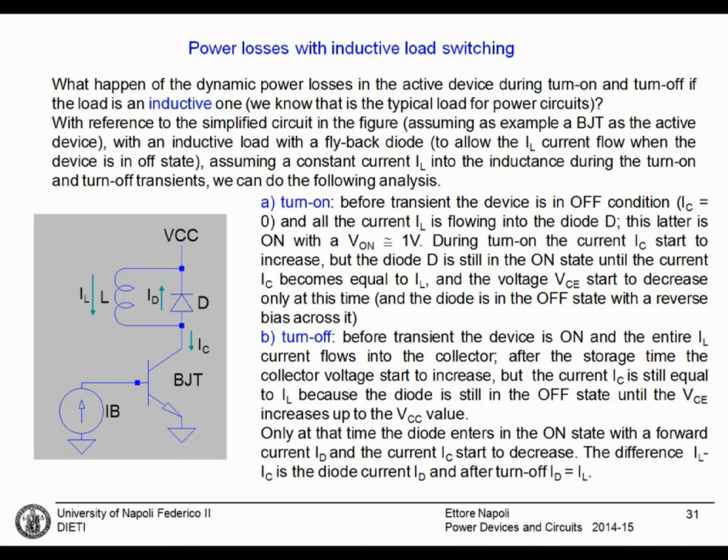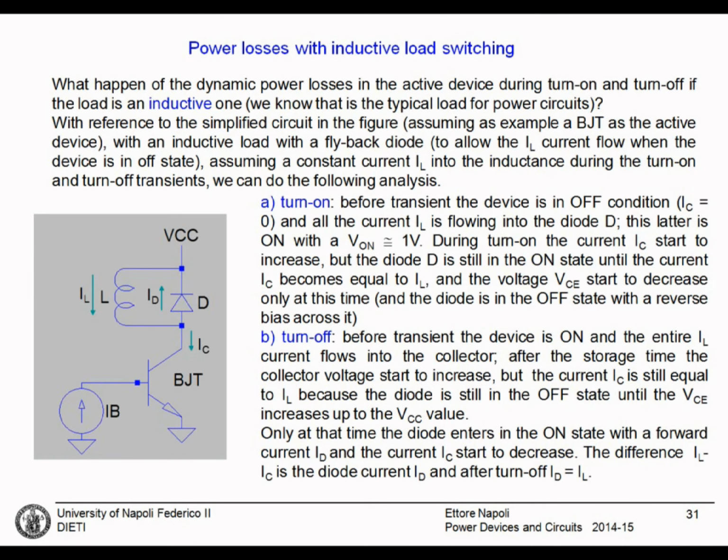Everything works if we assume that the inductive load, the inductance, is quite big. For example, during the phase in which the current is flowing through the diode, this is slightly dissipating the energy on the inductor. This means that during this phase, the entire current is slightly decreasing.